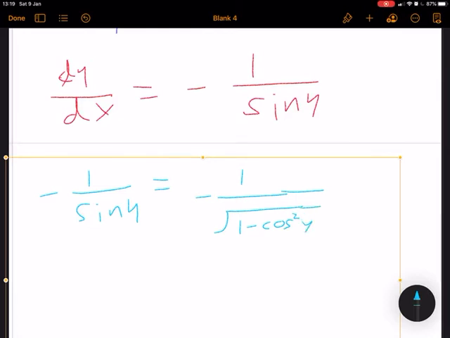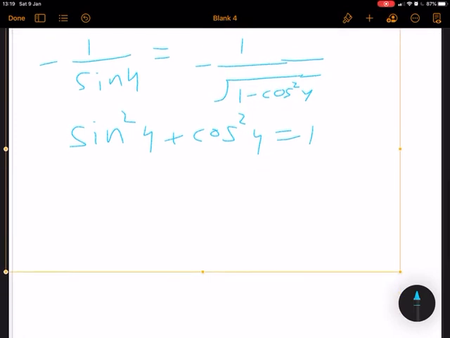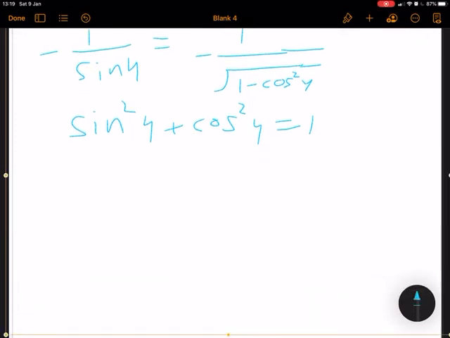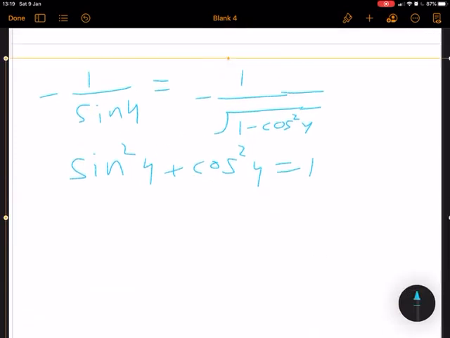The reason I did this is because if you look at your trigonometric identities, we know that sine squared y plus cos squared y equals 1, and then rearranging that, I would get sine y is just going to be the square root of 1 minus cos squared y.